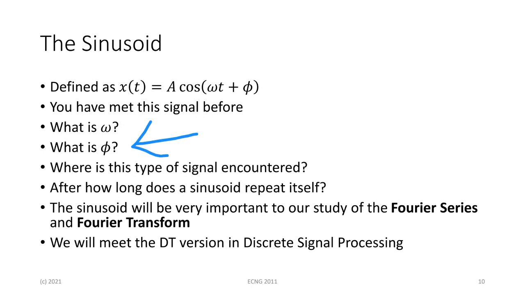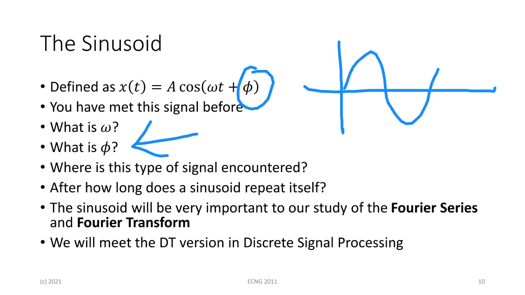Phi is a delay. You know it from looking at the sinusoid. If you have the normal sinusoid, and you have a delay or a phase on it, the sinusoid might look something like that.